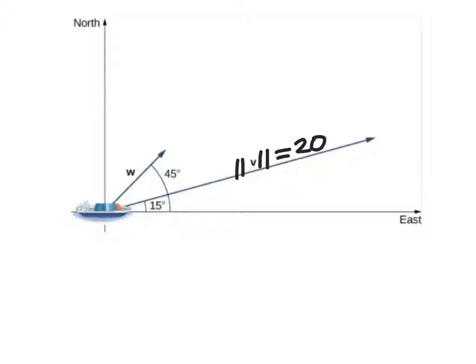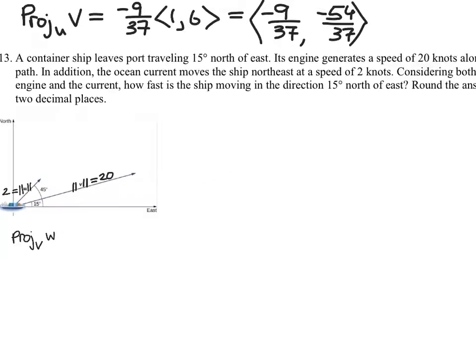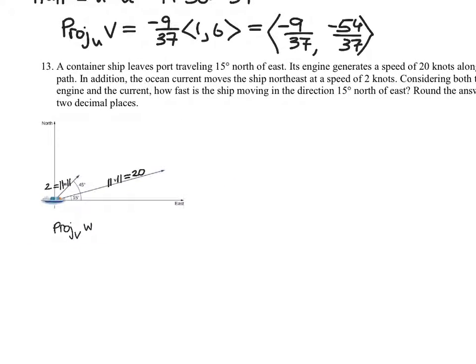All right, so here's W. That's giving a magnitude of 2. What I want to know is the projection of W upon V. But more so, it's actually not telling me to determine a vector. It's just asking me to determine a magnitude.